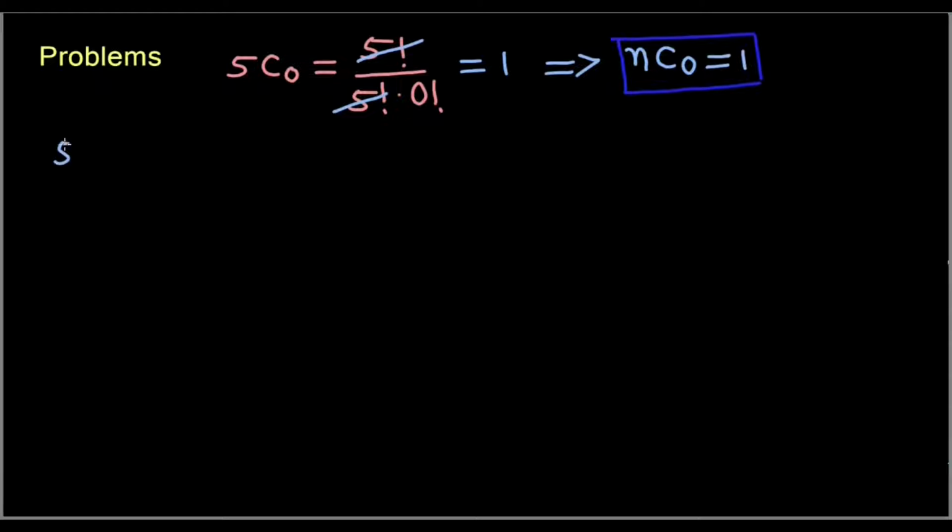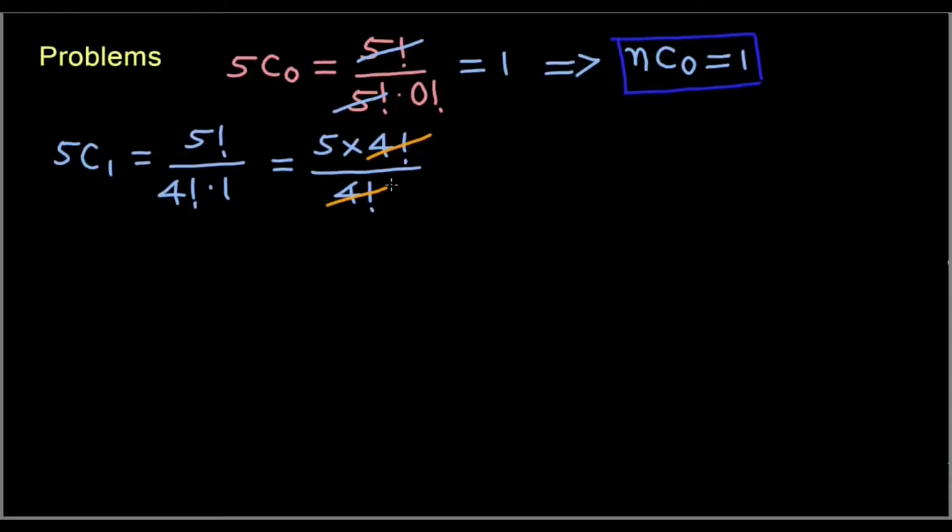The combination 5C1 will be 5 factorial upon (5 minus 1), that is 4 factorial, into this 1 factorial, which is 1. So therefore this will be 5 multiplied by 4 factorial upon this 4 factorial cancels with this 4 factorial, giving us 5.